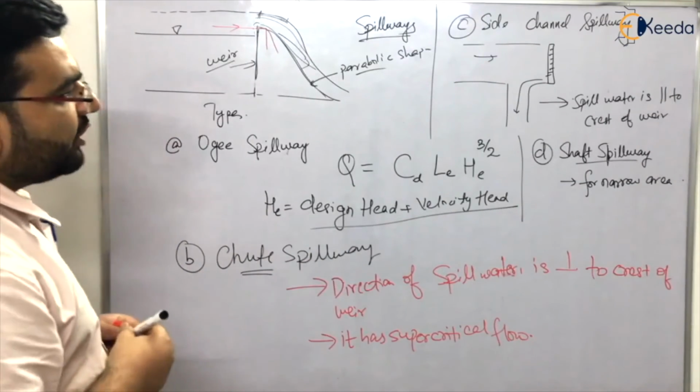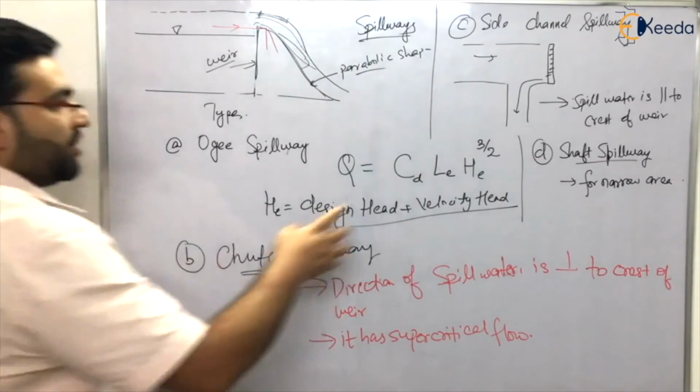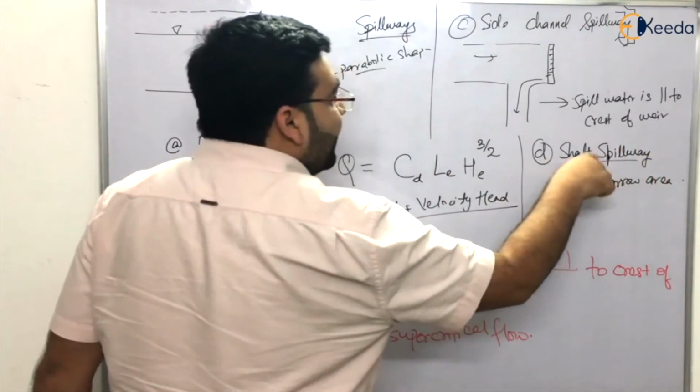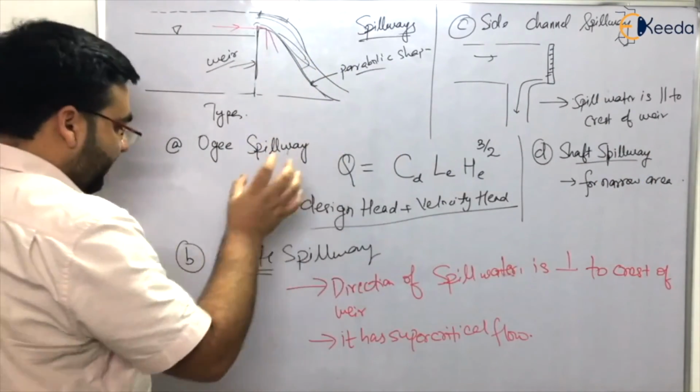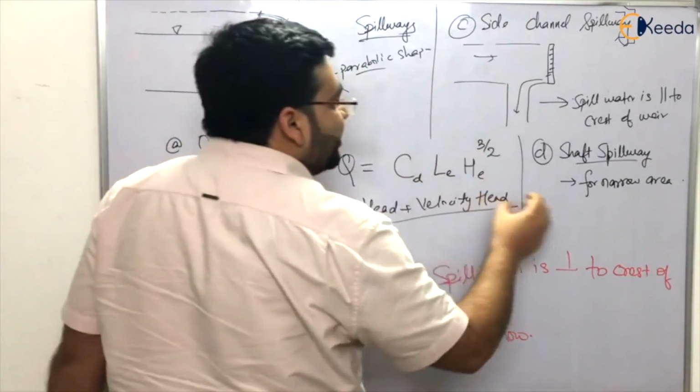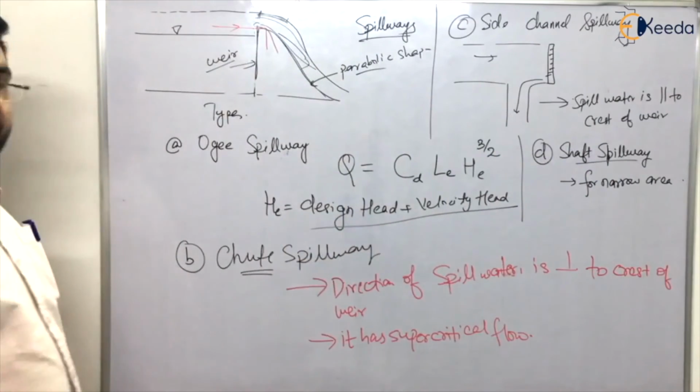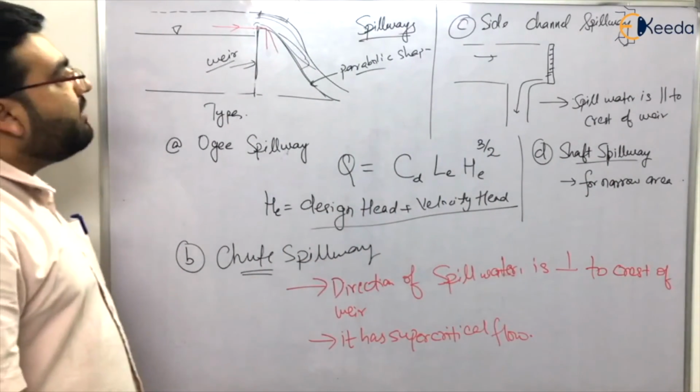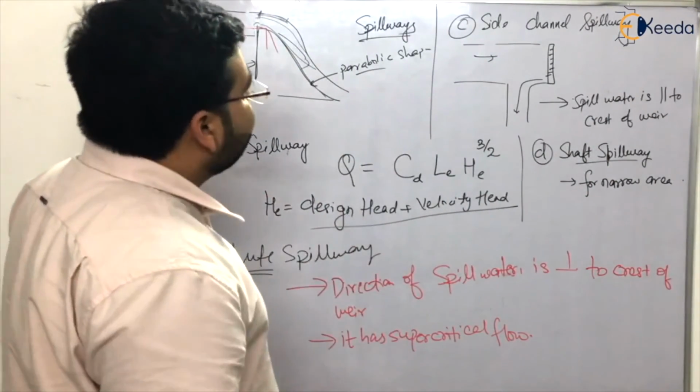These are known as shaft spillways. Questions have been asked that for a narrow area, which type of spillway is used: Ogee spillway, chute spillway, side channel spillway, or shaft spillway? The correct answer is shaft spillway. I hope that you have understood about the gravity dams as well as spillways.